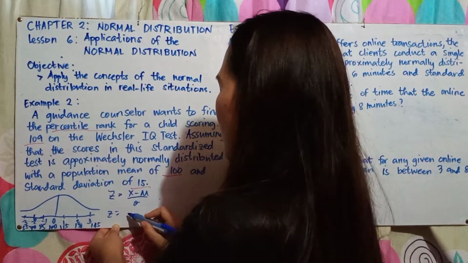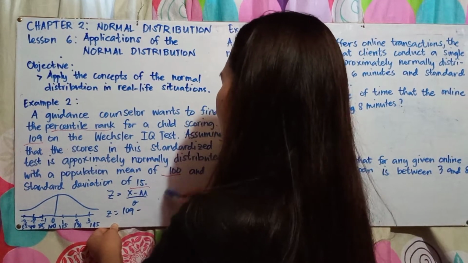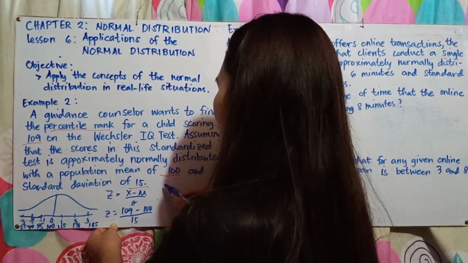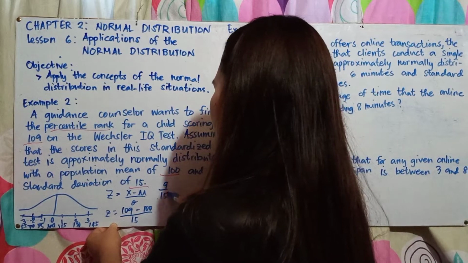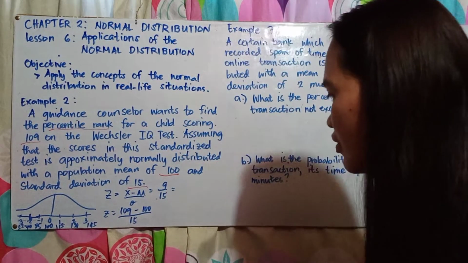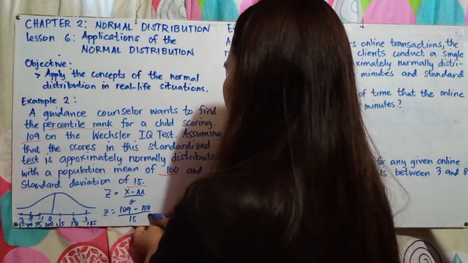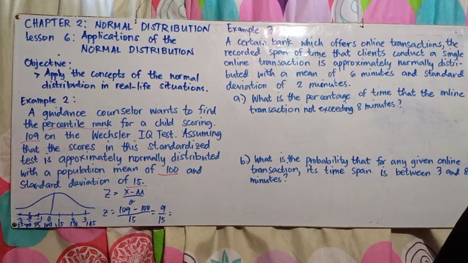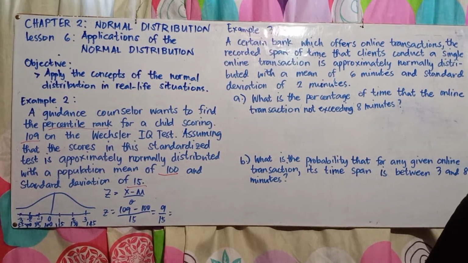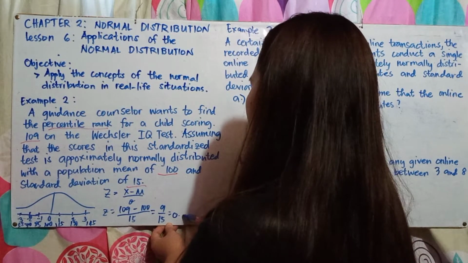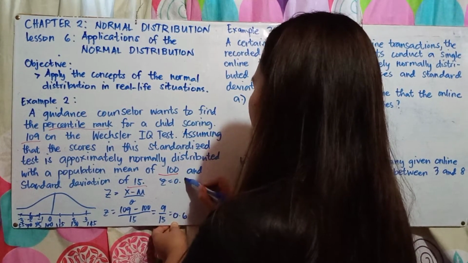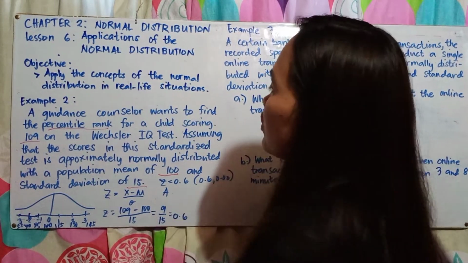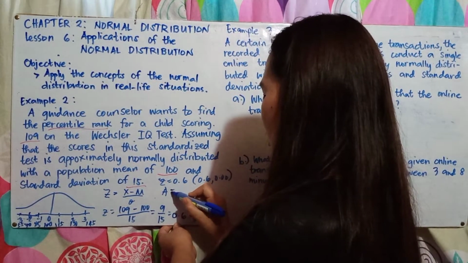Since x is 109, the score, minus the mean of 100, over the standard deviation of 15, it becomes 9 over 15. 9 divided by 15 is 0.6, positive 0.6. So our z is 0.6. We find it at 0.6, 0.00, and look for its area. So, how much is the area?